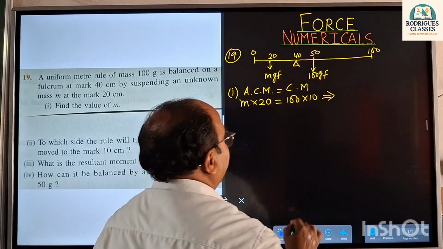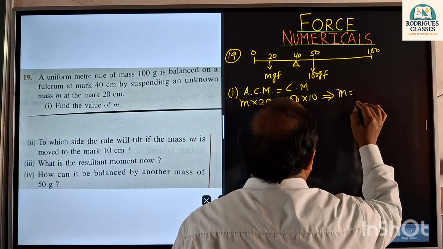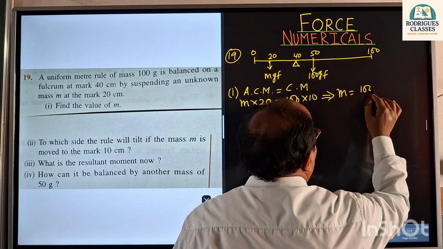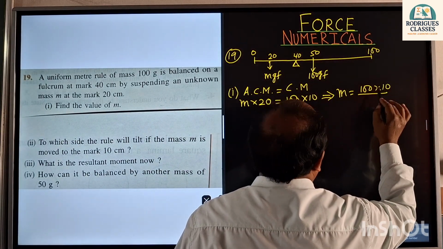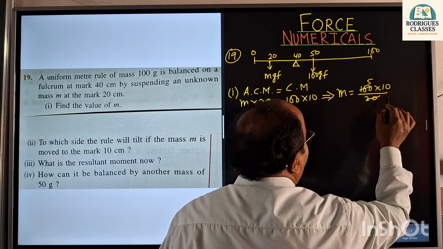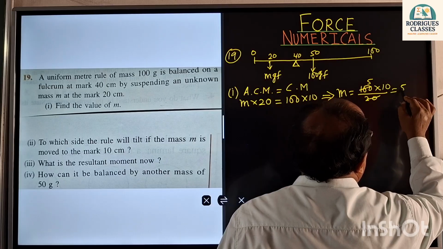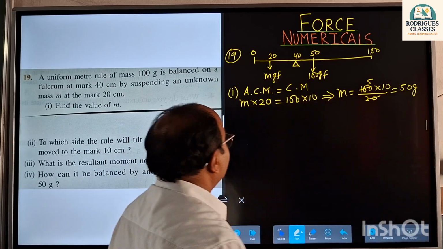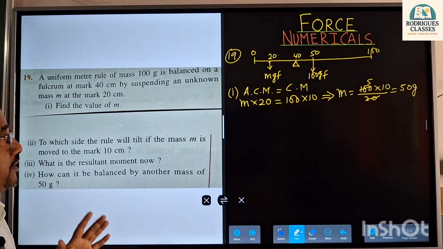So you get m as 100 into 10 by 20. So the mass is 50 gram. So you get the value of m as 50 gram.